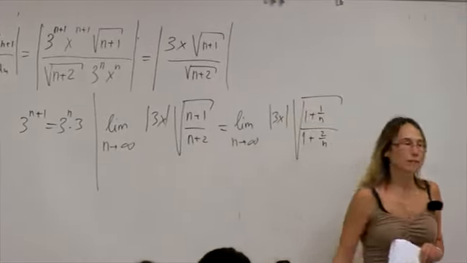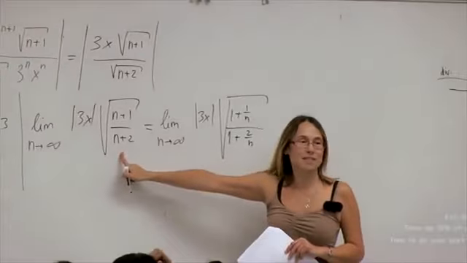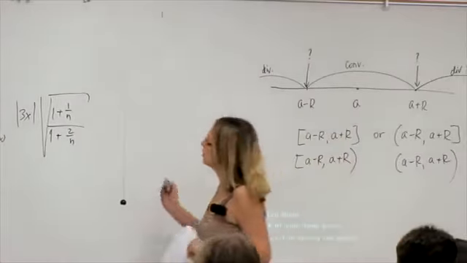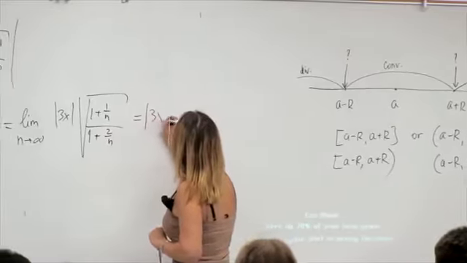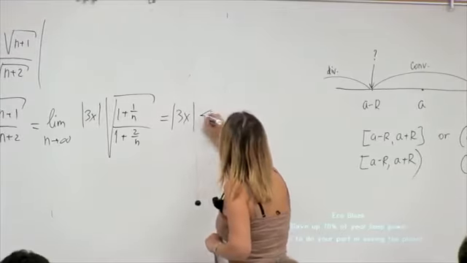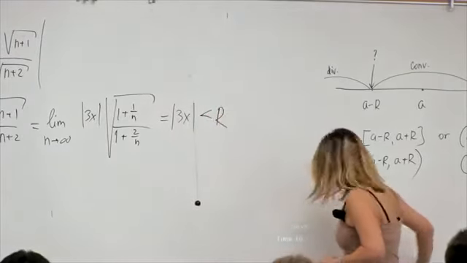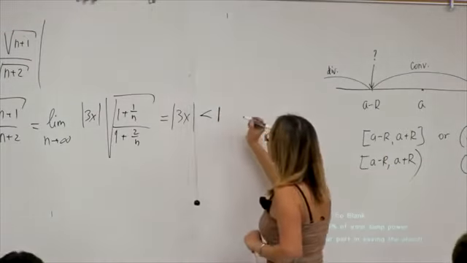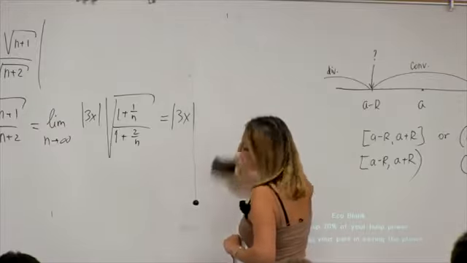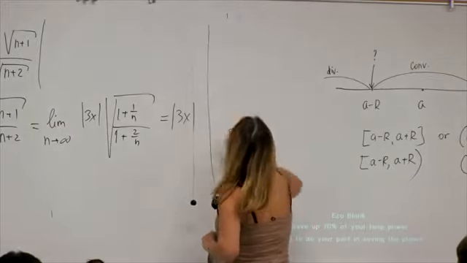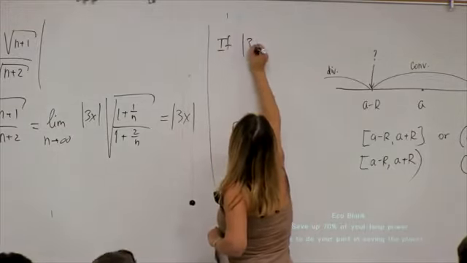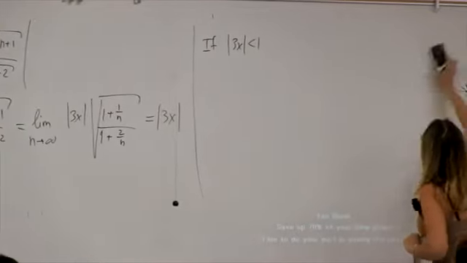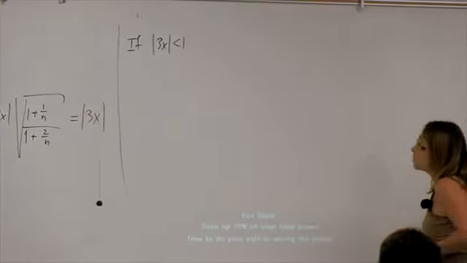You can do that or just see that the limit of the square root is 1. So I have 3 times the absolute value of x. What does it tell me? If 3 times |x| is less than 1, then the series converges.